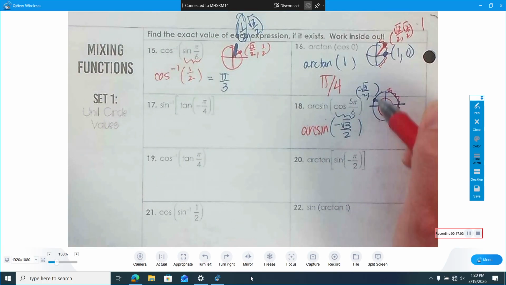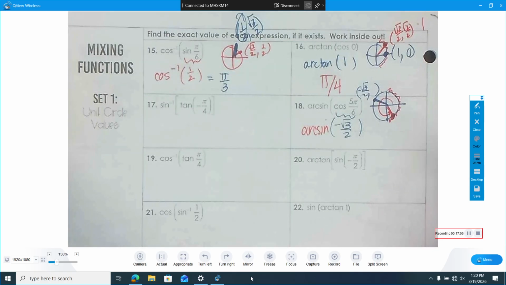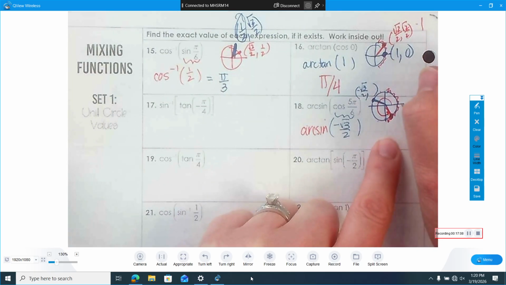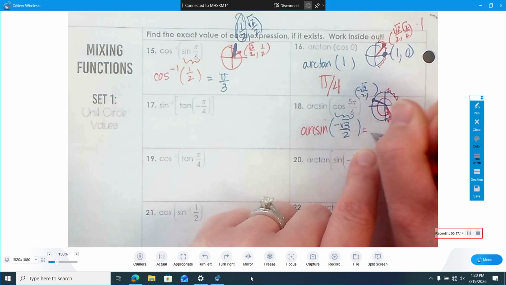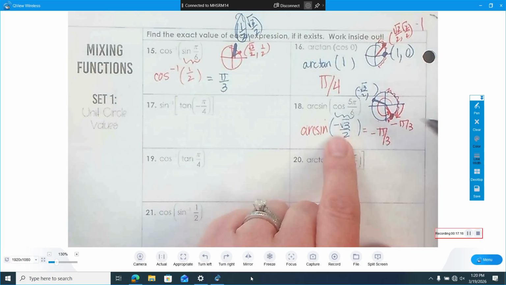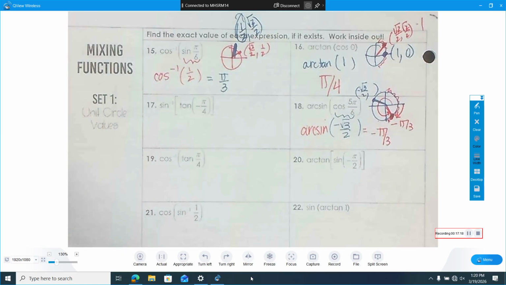We're not allowed to travel over here on the left-hand side of our unit circle. So instead, we need to take the quick little negative angle, negative pi over 3, which also has that sine value of negative root 3 over 2. That is the tricky part. We've got to get the negative angle that gets us there quicker. Okay.